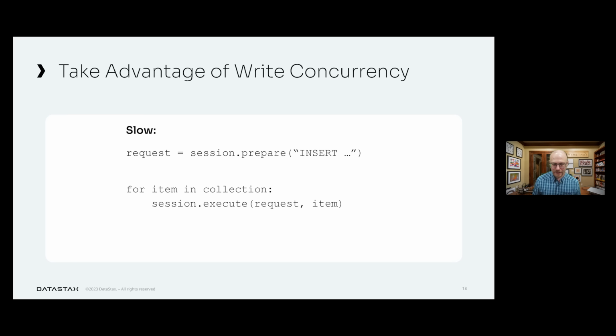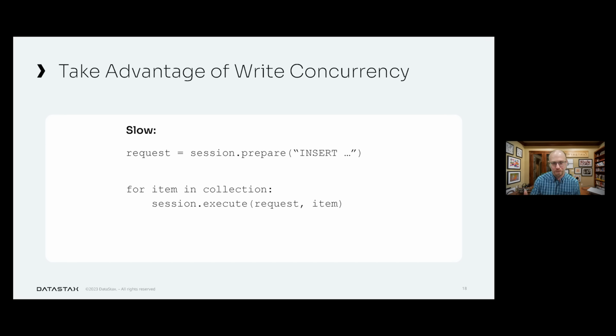Another piece of advice, and this applies to all of Cassandra, not just vectors, is that Cassandra is designed for concurrency. And especially when you're adding data to the system, I'd say 90% of the time, our inclination as programmers is to write code that looks like this, where I'll prepare my statement because I know that that's more efficient than making Cassandra parse it fresh every time.